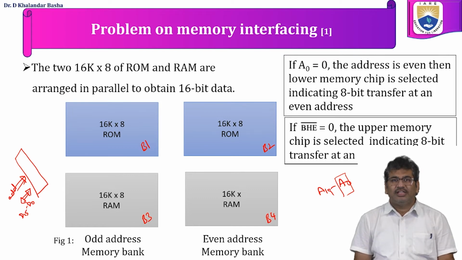And if the data transfer is 16-bit corresponding to RAM, then we have to select both block 3 and block 4. If the data transfer is 8-bit from the odd address bank, then we select block 3. For accessing any memory location from the even address memory bank of RAM, we select the B4 block.